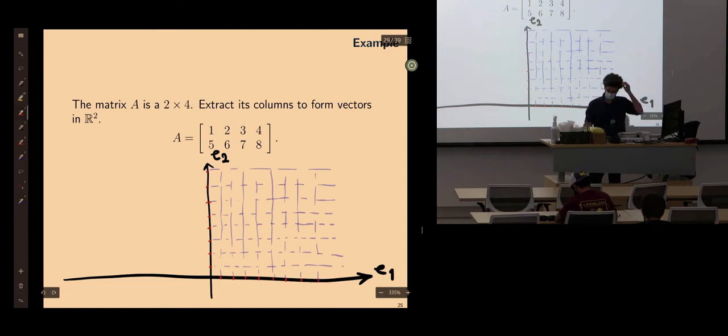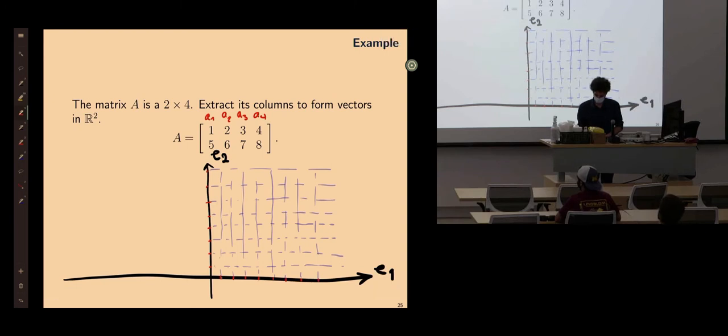Okay, first vector, what should I do? Call it A1, A2, A3, A4. 1, 2, 3, 4, 5, here, right? It's a vector that's connecting the origin to point 1 and 5. I'm going to call it A1.